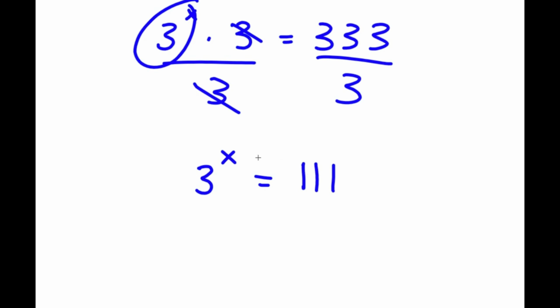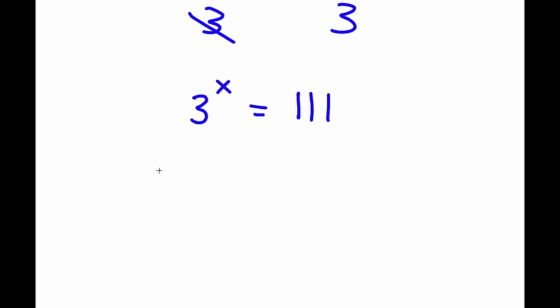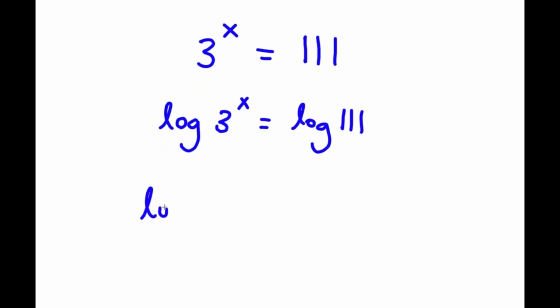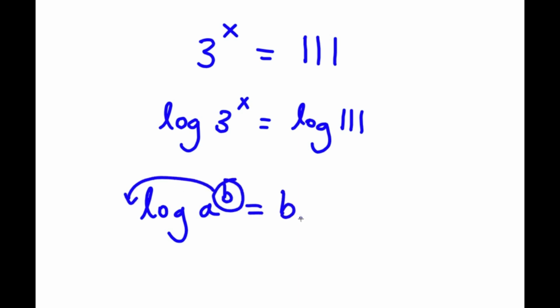So to solve this, I'm going to take the log on both sides. So now I have log 3 to the power of x is equal to log 111. If I have something in the form log a to the power of b, I can move this exponent b to the front. So this is going to equal b times log a.